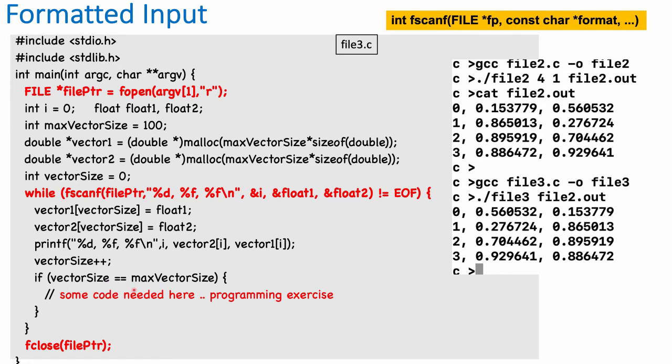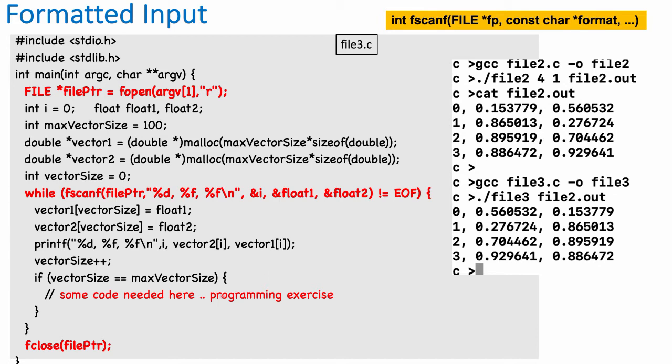Now, a problem I'm going to incur for a larger example is that if I hit max vector size, I have no longer allocated memory for an array beyond max vector size, so problems will ensue if I start reading the data in and start writing to these vectors.